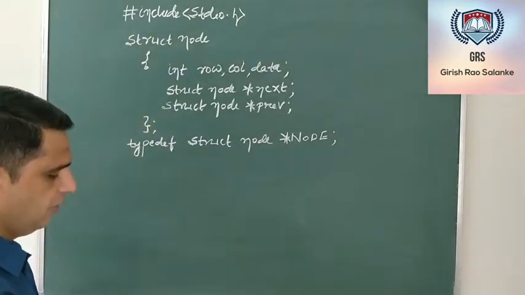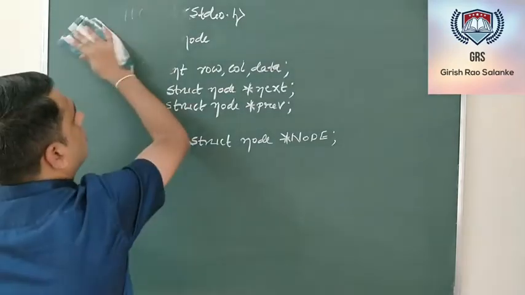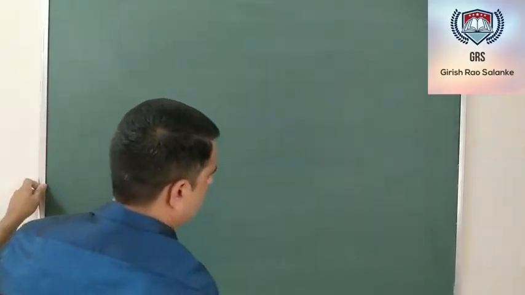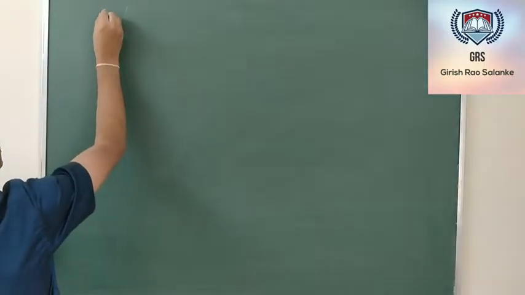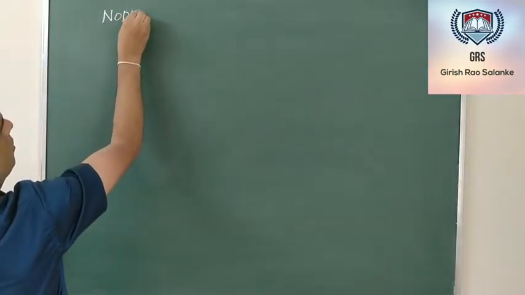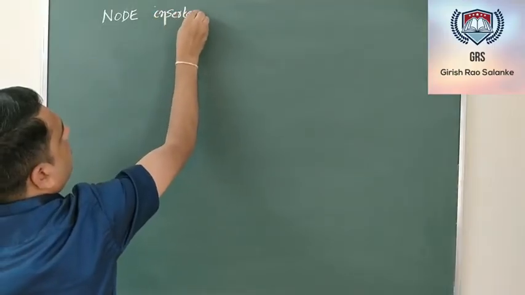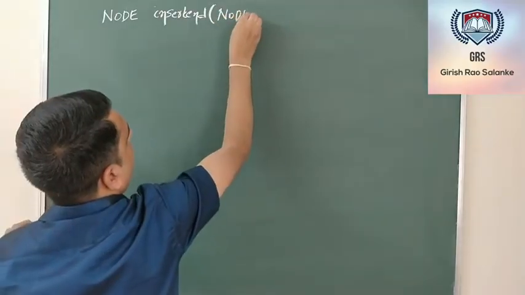So the first thing that we will be doing is we'll write the insert end function. Return type of the function is node. Function name insert end. Argument to the function, the reference of my list, which is node start.